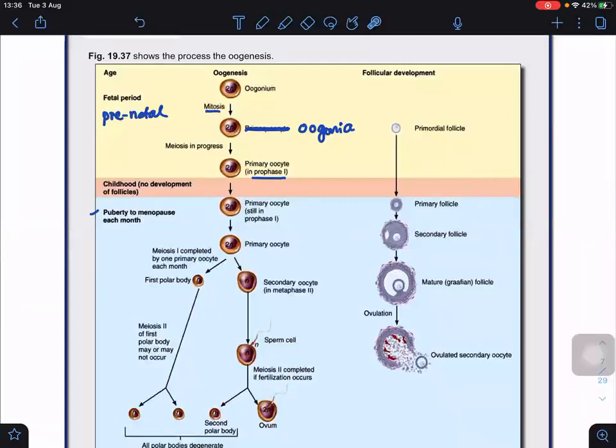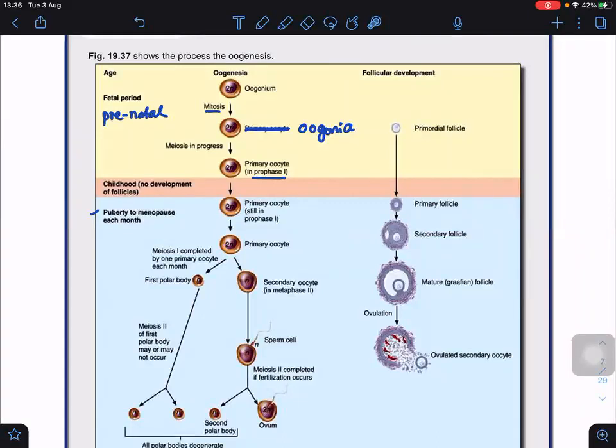When the female reaches puberty, some of these primary oocytes will be selected, in a random process, and continue from prophase 1 and complete meiosis 1. But the division of the cell won't be equal.